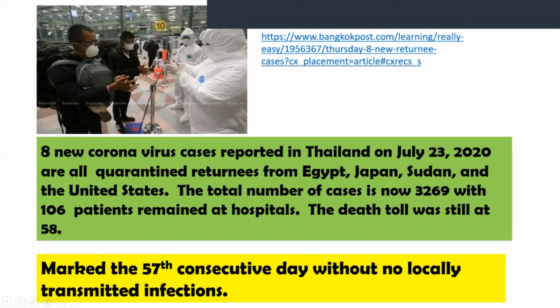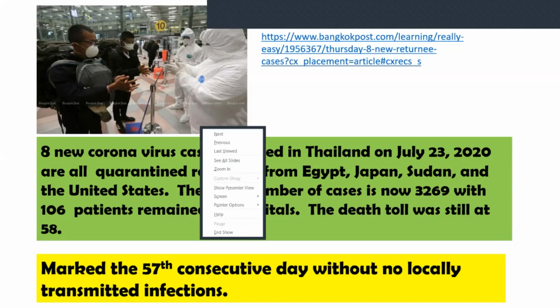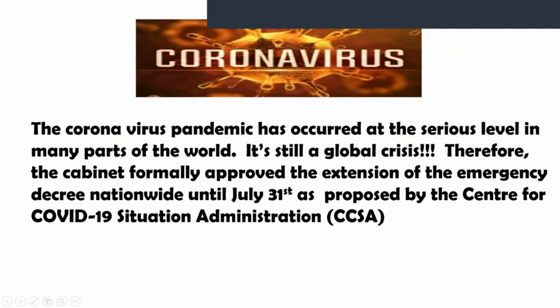Right now, it will be maybe 57 consecutive days without any locally transmitted infection case in Thailand. The coronavirus pandemic has occurred at a serious level in many parts of the world.